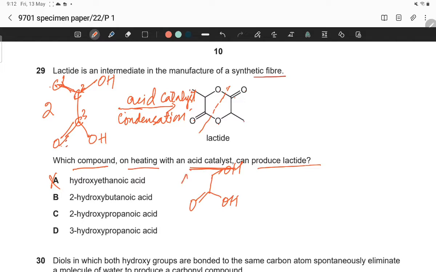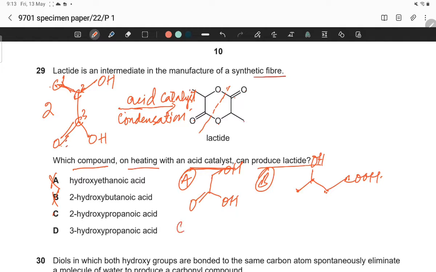Option B, 2-hydroxybutanoic acid. Yes, the formula could be 1 2 3 4. So this is also incorrect.